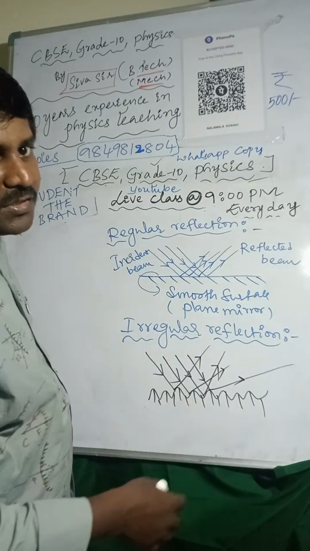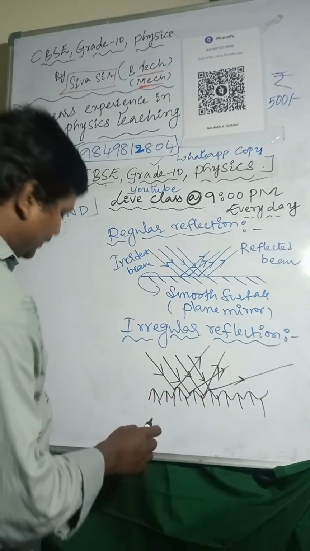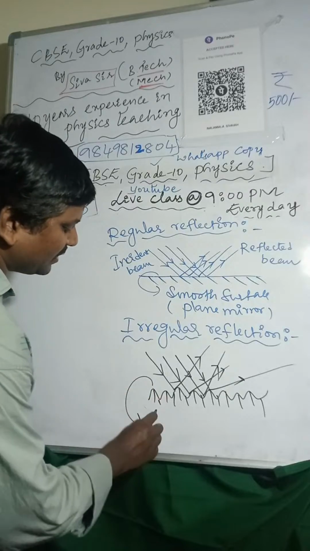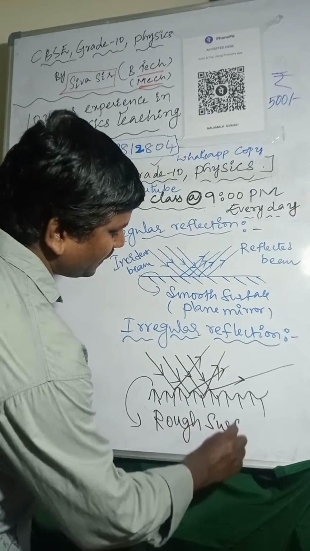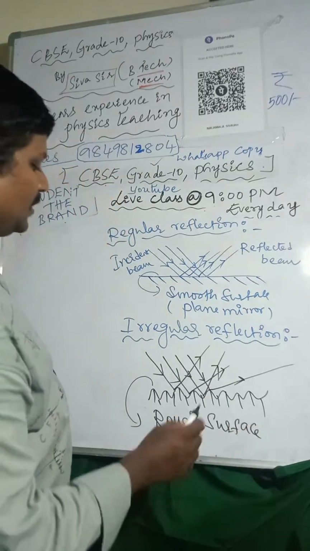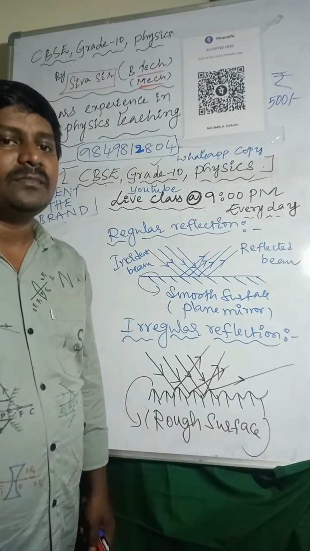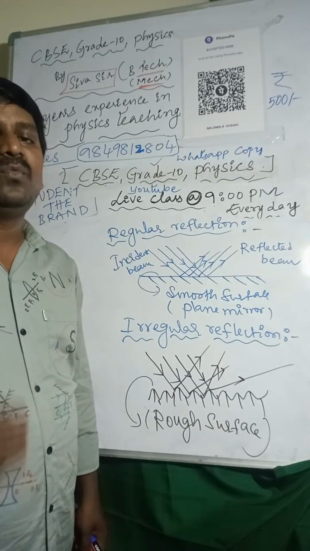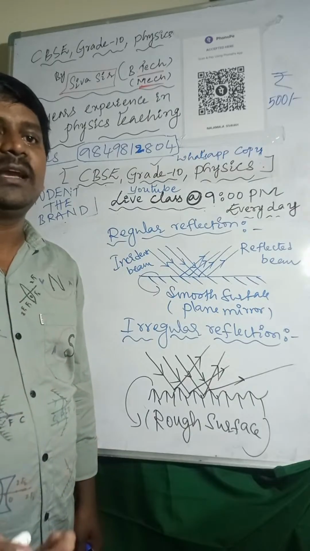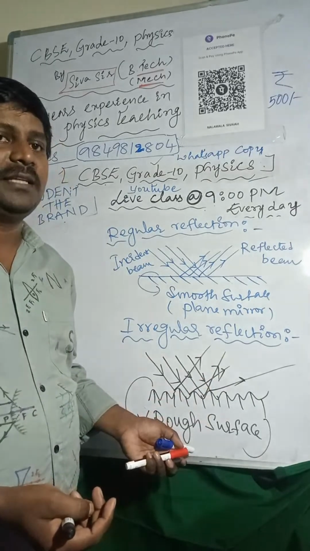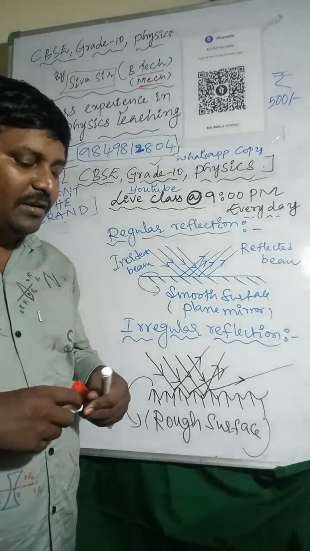This type of reflection is called irregular reflection. This type of reflection takes place on a rough surface. We can consider rough surfaces like a book, wall, or paper. Irregular reflection takes place on these, whereas a smooth surface is a plane mirror only. This is about regular reflection and irregular reflection.